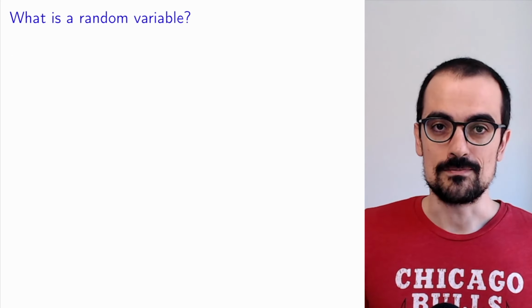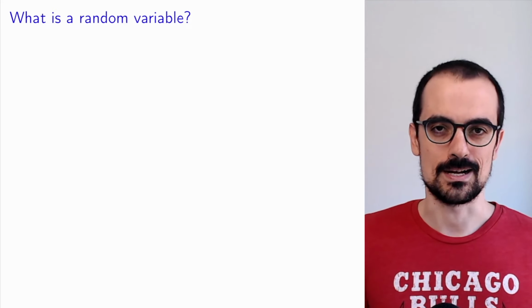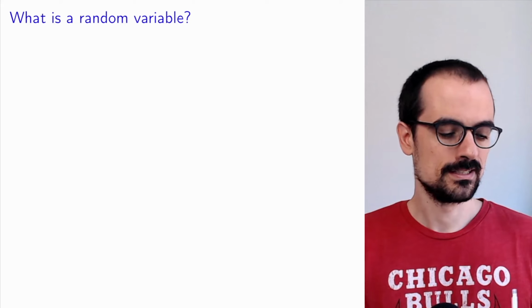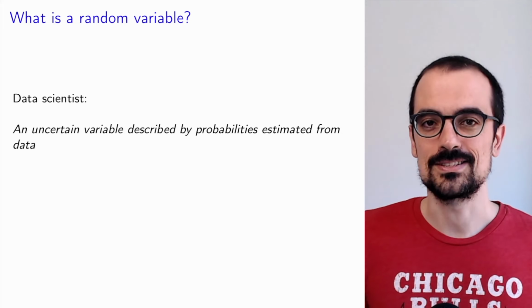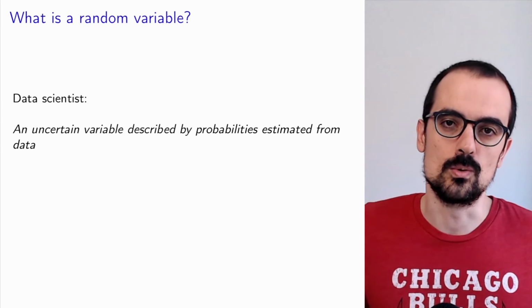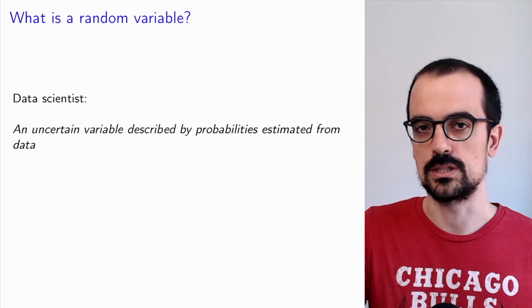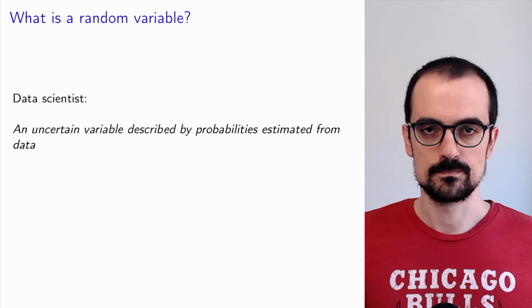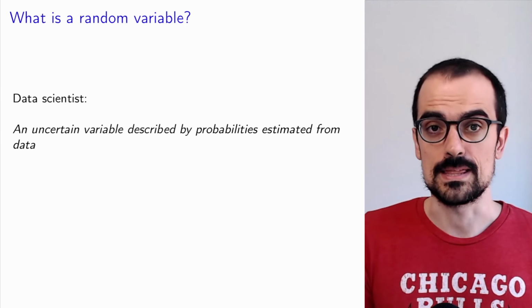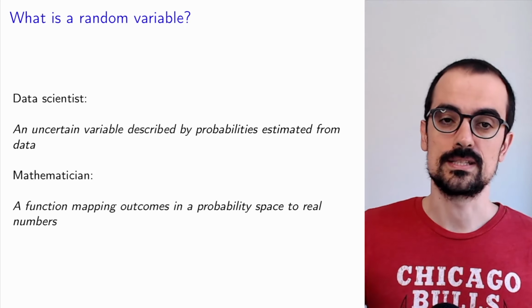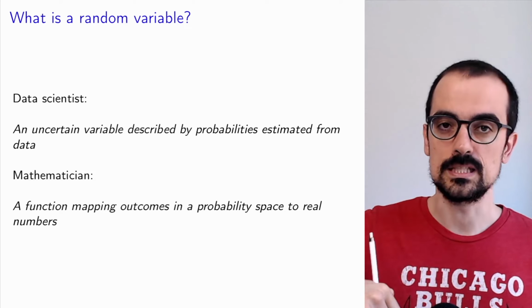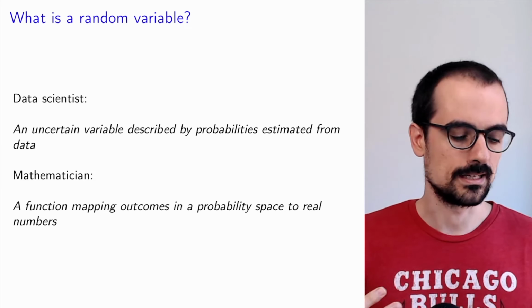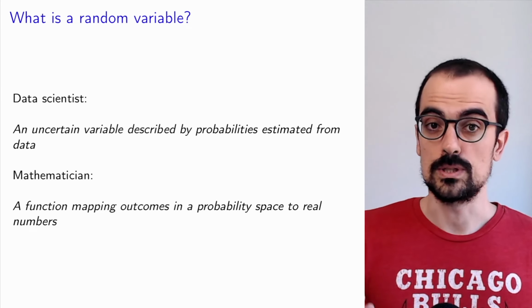Okay, so what is a random variable? We've been over this in a couple of videos, but let's just remember very briefly. If you ask a data scientist first, they'll tell you it's just an uncertain variable that I include in my model. It's described by certain probabilities that are estimated from data. However, if you ask a mathematician, they'll tell you it's a function mapping from a probability space to the real numbers. And we already reconciled these two definitions.